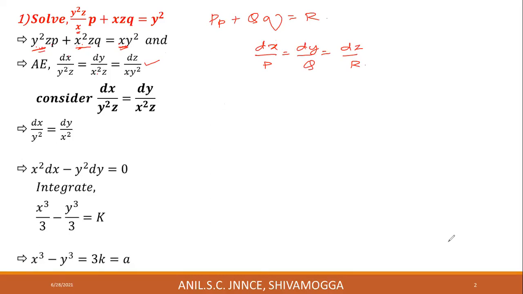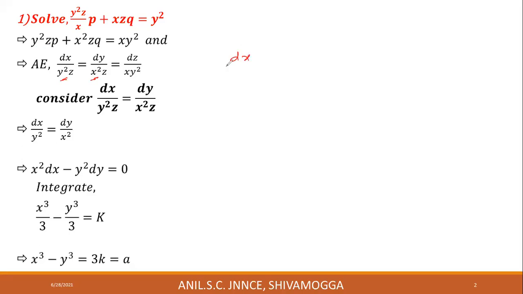Construction of auxiliary equation. Now let's group these ratios. I prefer to consider first and second ratio. Consider dx divided by y square z is equal to dy divided by x square z. First and second ratios are considered. Here, cancel this z with this z.